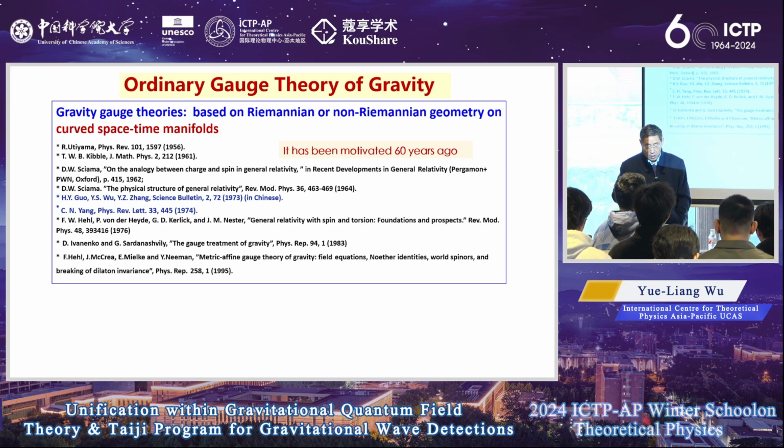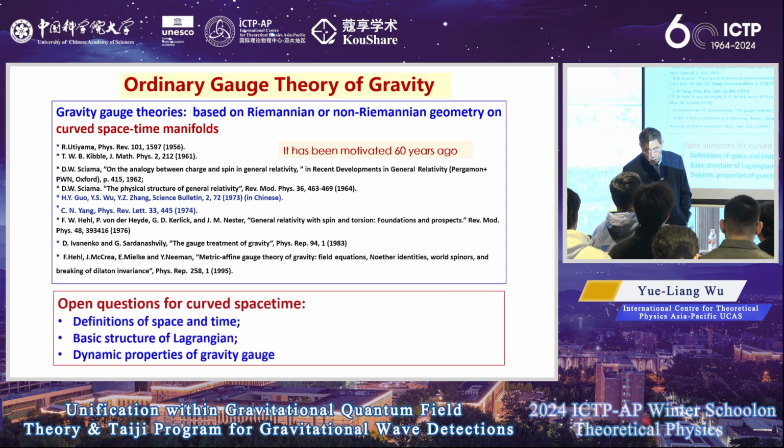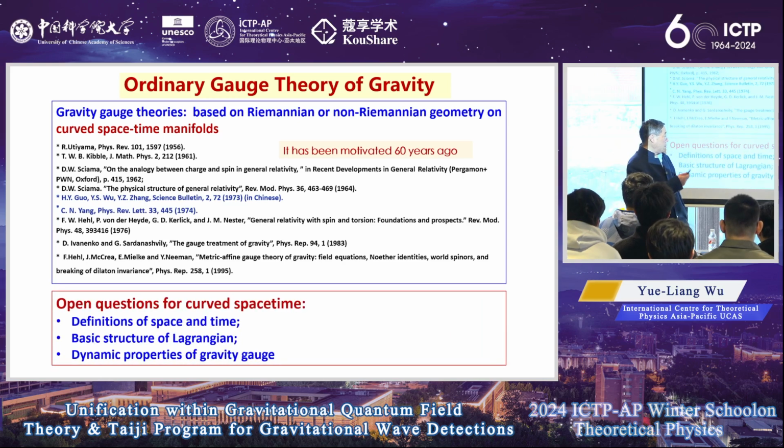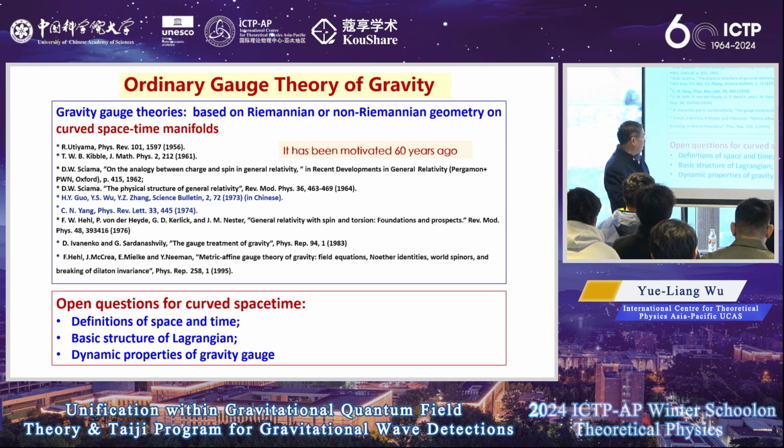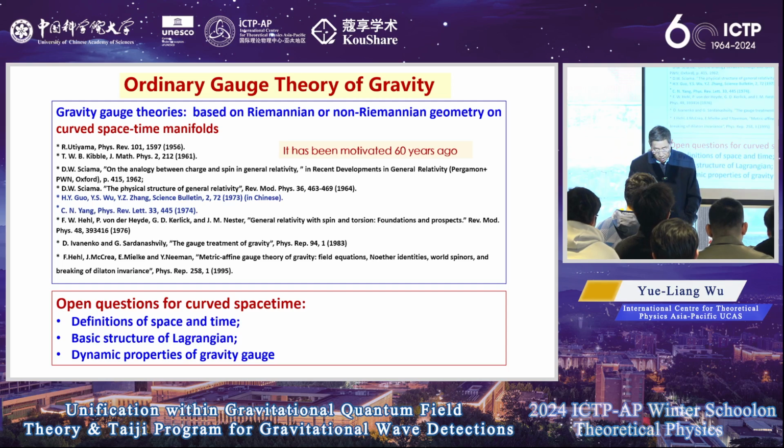It's not started from matter, the intrinsic nature of matter. So then there are some open questions about the definition of space-time and the basic structure of the Lagrangian or dynamic properties of the gravity gauge, actually, in these discussions.